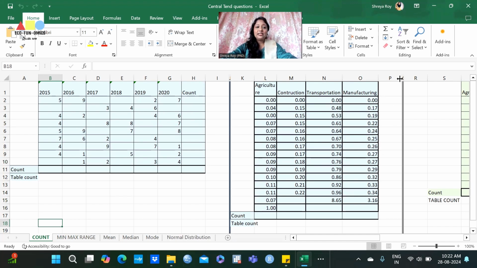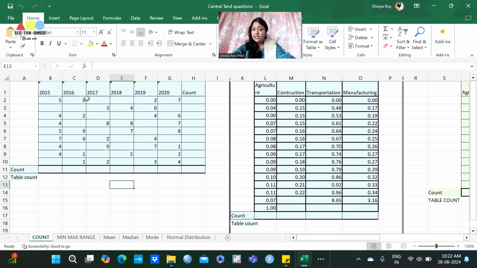I saw that the data is for 5 years, let's say 2015 to 2020, so 6 years, but the data available is for 4 years. So I told him that there are missing values for 2 years.